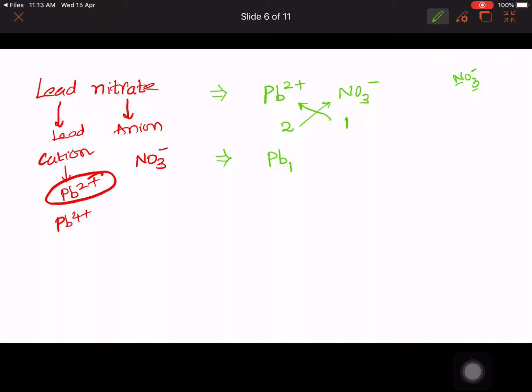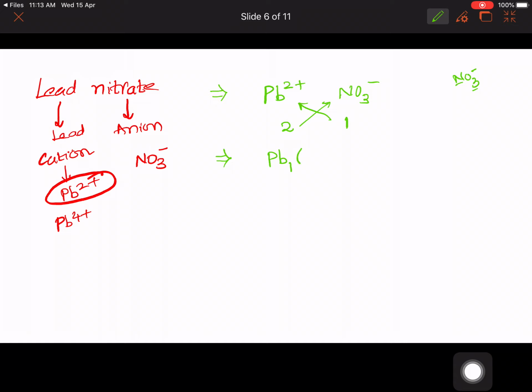It may be a cation or an anion. Polyatomic ions are placed in parenthesis when you are multiplying by a number more than 1, whether it is 2, 3, or 4.